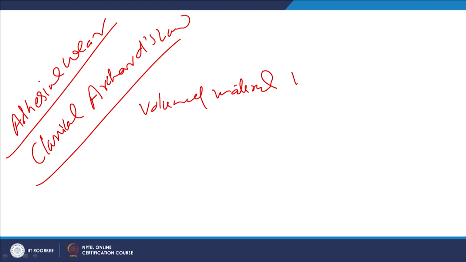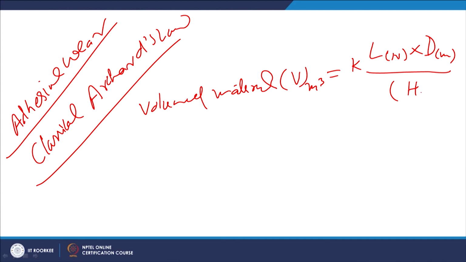the adhesive wear V in meter cube. This is given as V is in meter cube, can be given by K is the proportionality coefficient, and L is the load in Newton, and D is the sliding distance in meter, and the flow stress, which will be determining the extent of the plastic deformation at the surface, which is given as 1/3 of the hardness.